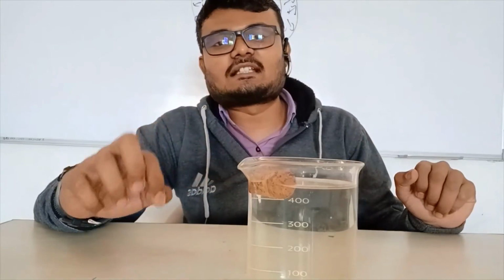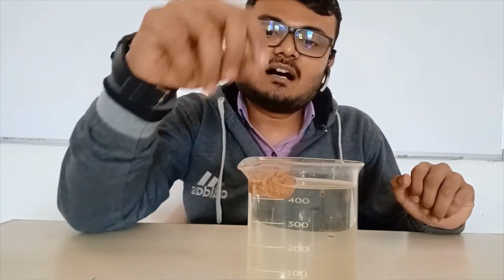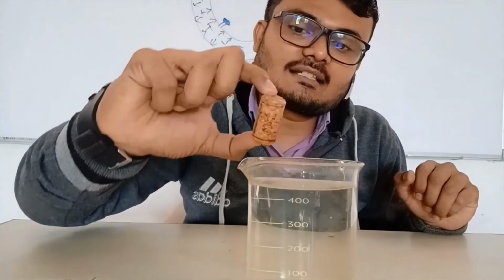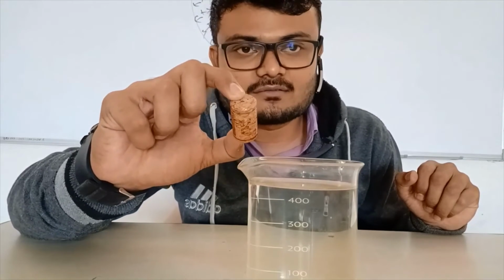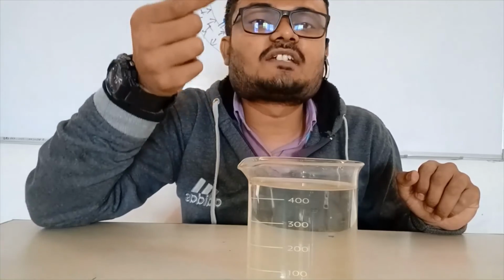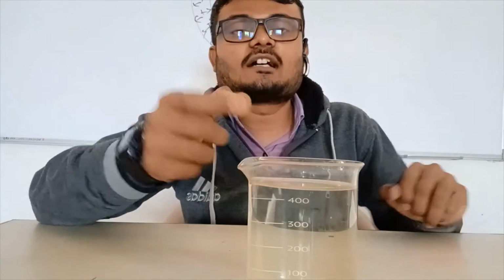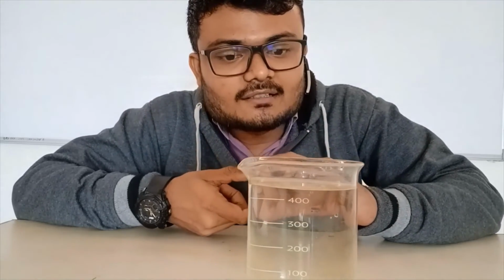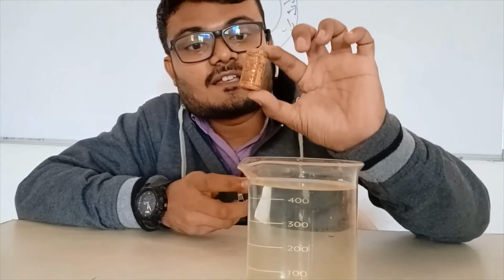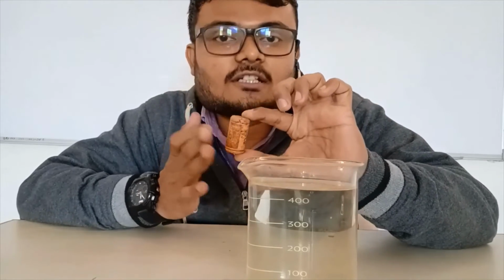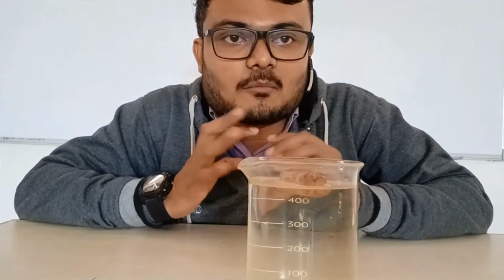Density of the substance is mass per unit volume. मतलब कि अगर हम बात करें इसके वॉल्यूम की, the density of this cork is less than the water. मतलब क्या होगा कि डेंसिटी जो है, वो वाटर की ज़्यादा है, इससे ज़्यादा है। कॉर्क की डेंसिटी जो भी है वो वाटर से कम है.